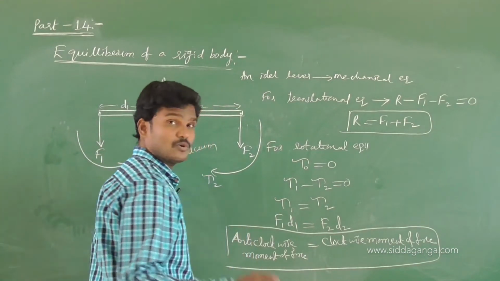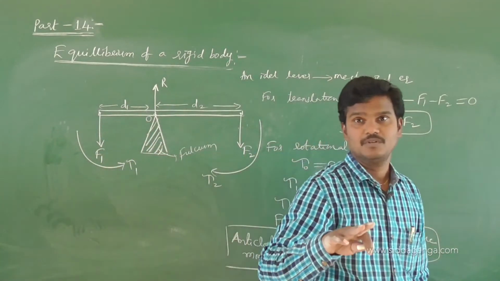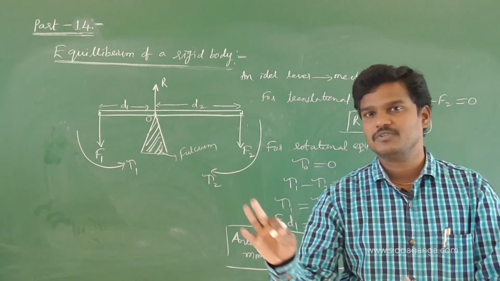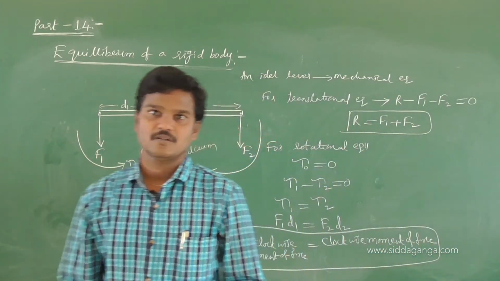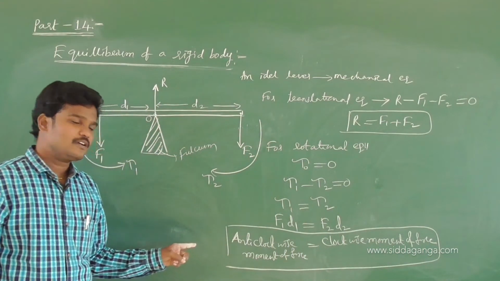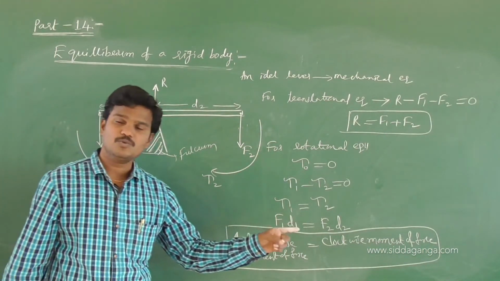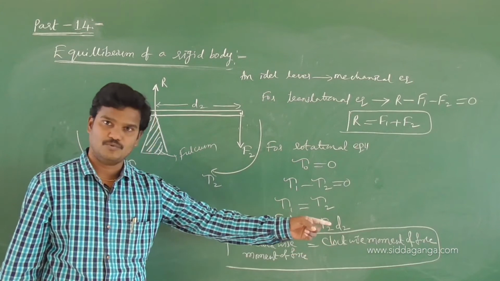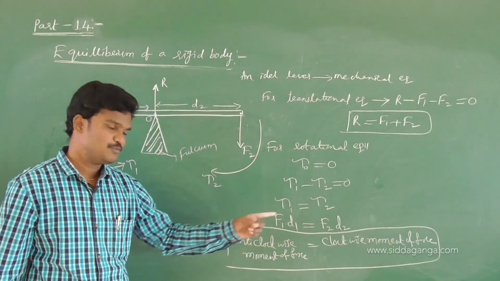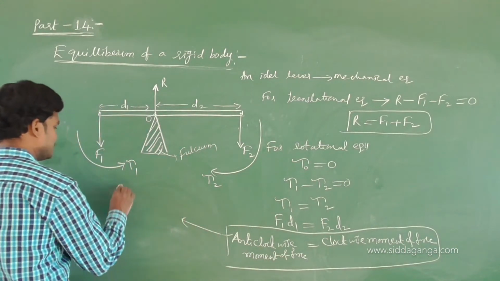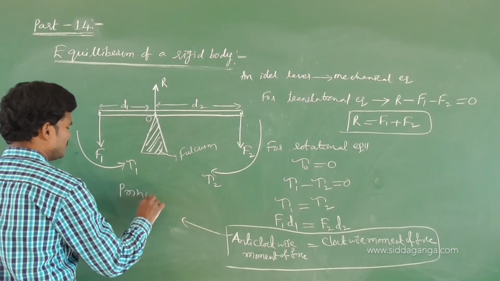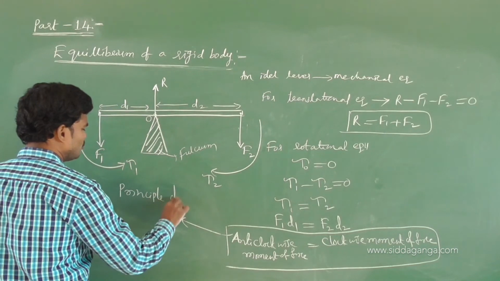Torque is also called moment of force. Up to now I used the word torque, that is also called moment of force. And this principle we can call the principle of moments.